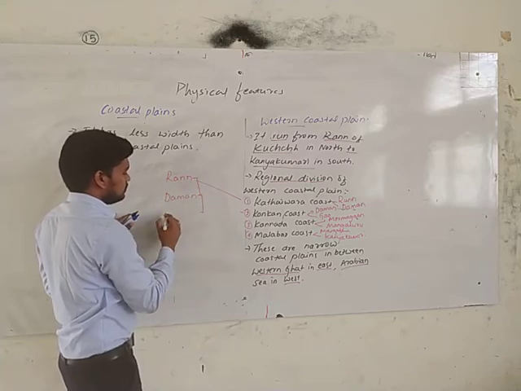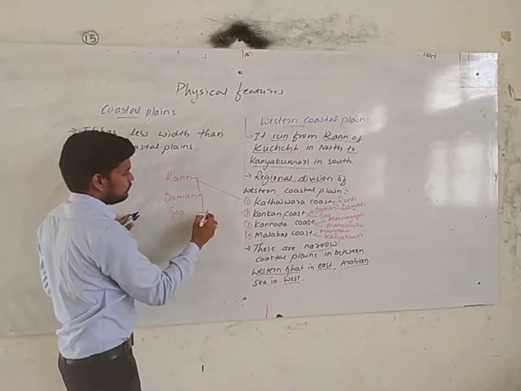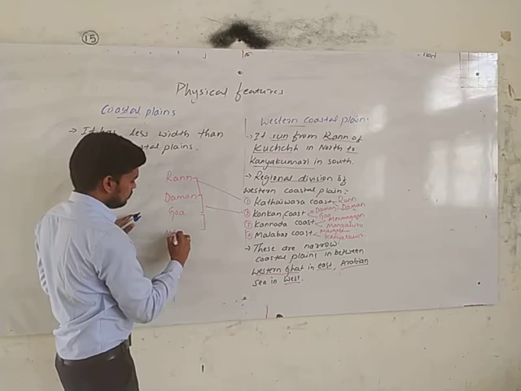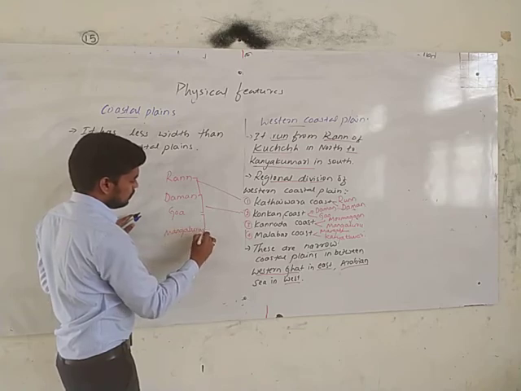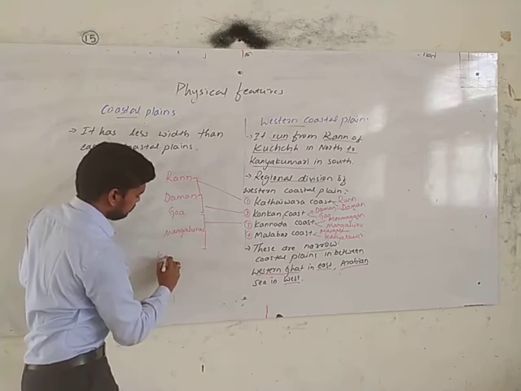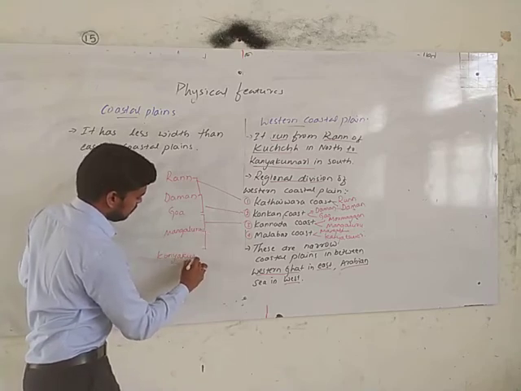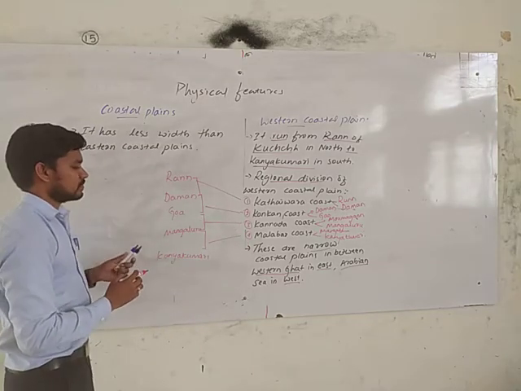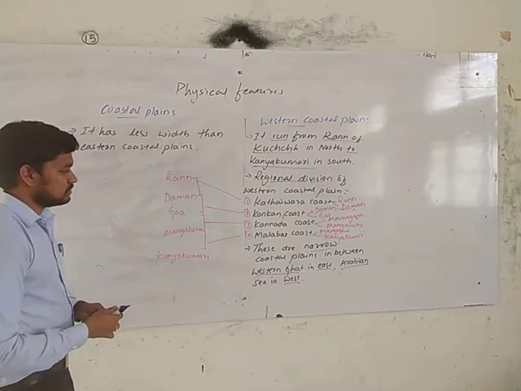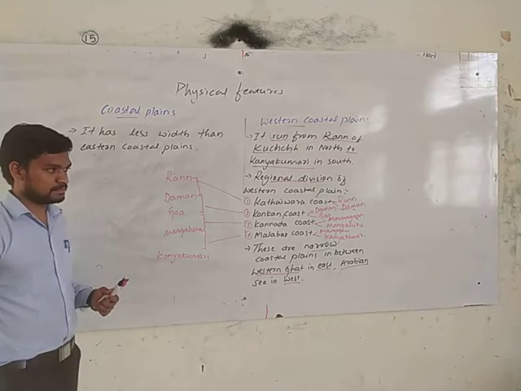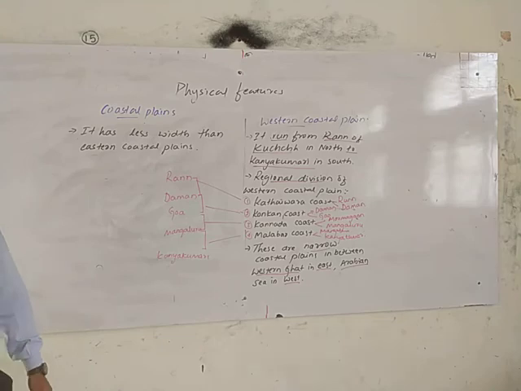Then from Daman to Goa, it's the Konkan coast. From Goa to Mangaluru, it's the Kannada coast. From Mangaluru to Kanyakumari, it's Malabar. Is that clear now? Yes. Is it all?